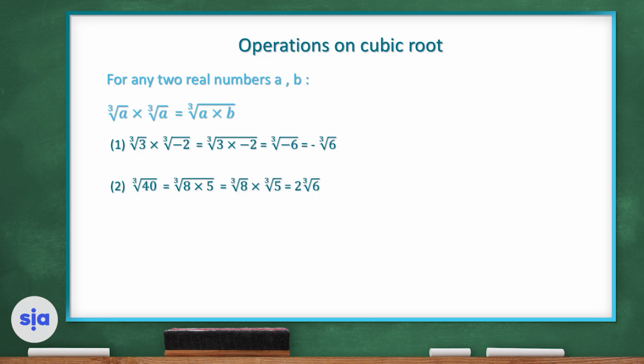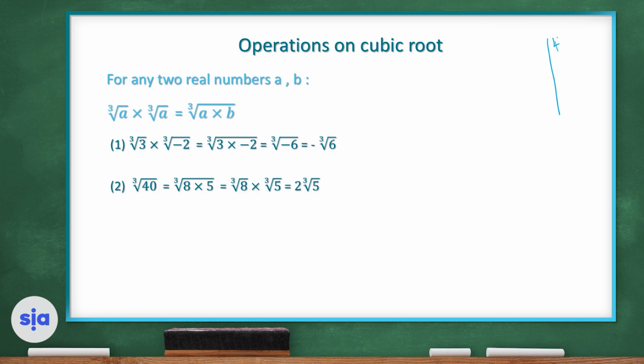Example number 2, the cubic root of 40. How can we do this one? To simplify the cubic root of 40, you need to make the prime factorization of 40.